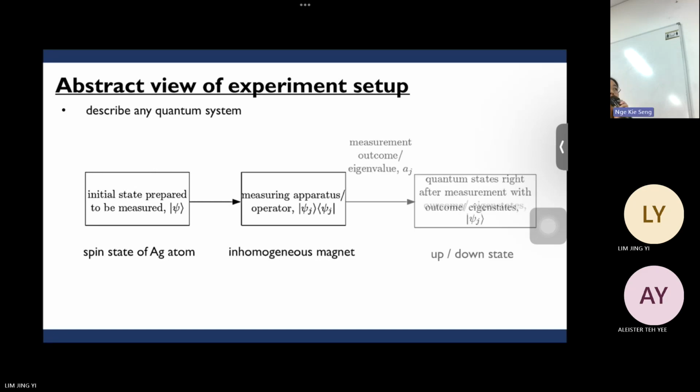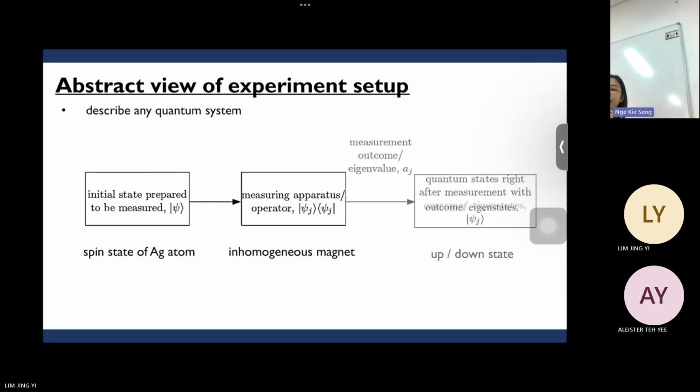After we prepare the states, we pass this silver atom to a measuring apparatus. In the Stern-Gerlach experiment, it is the inhomogeneous magnet. In any other quantum system, the measuring apparatus need not be a magnet; it can also be an operator, which is some device that can sort out states.